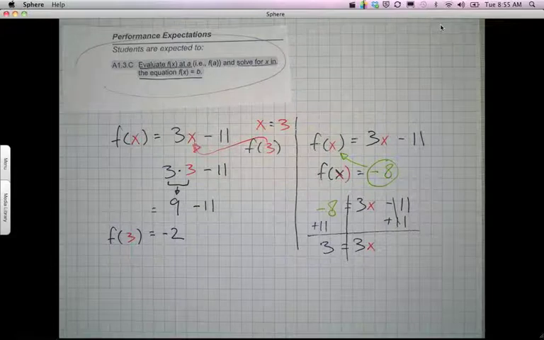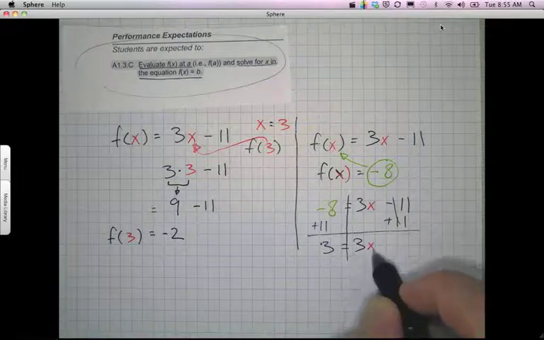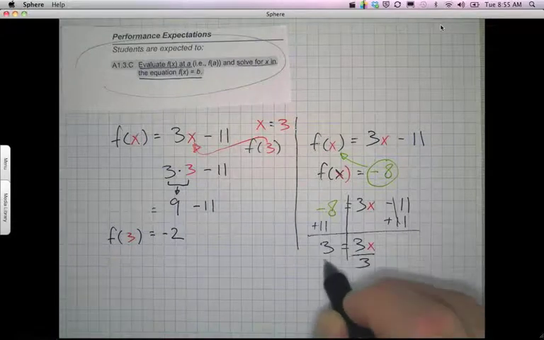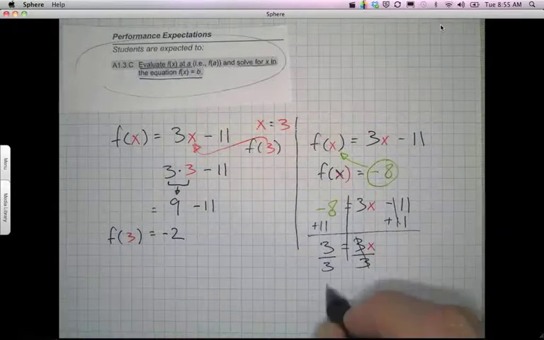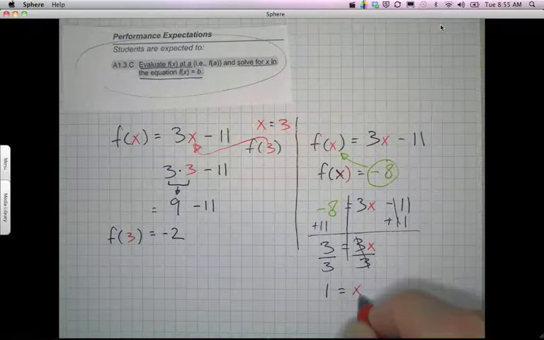Now, if I was going to solve this one step further, to get rid of this 3 times x, I have to do the opposite, which is divide by 3. That cancels both of those out, and here, 3 divided by 3 is just 1. That is equal to my x.